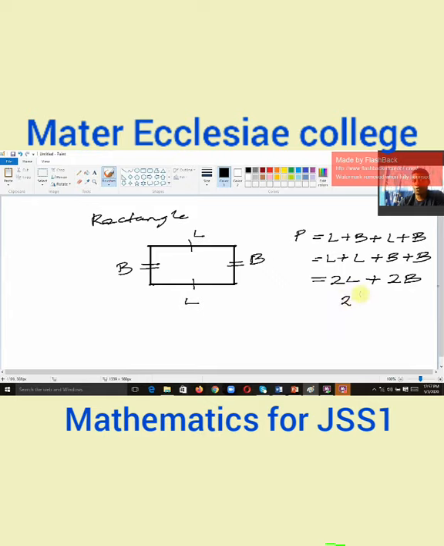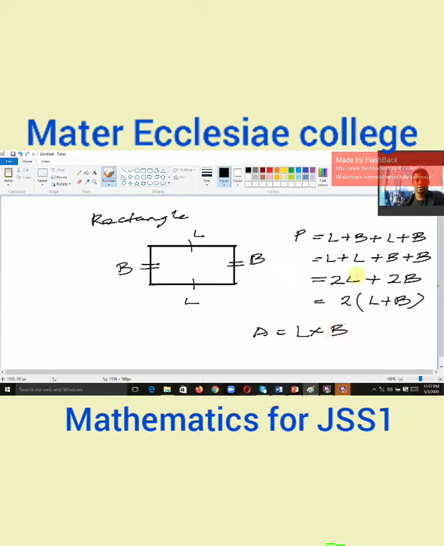So 2, put in brackets, 2L divided by 2, we're left with L, and 2B divided by 2, we're left with B. So that's why the perimeter is 2 into brackets L plus B. You can still use the one on top, L plus B plus L plus B. You can just add everything up to get your answer. It's the same thing. And then the area is length times breadth.